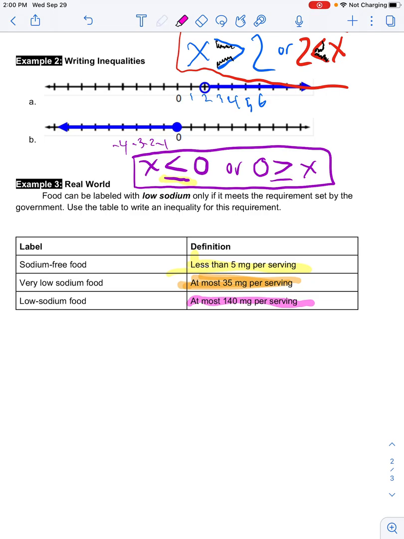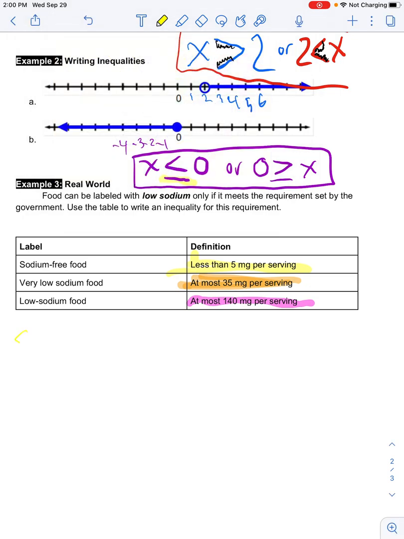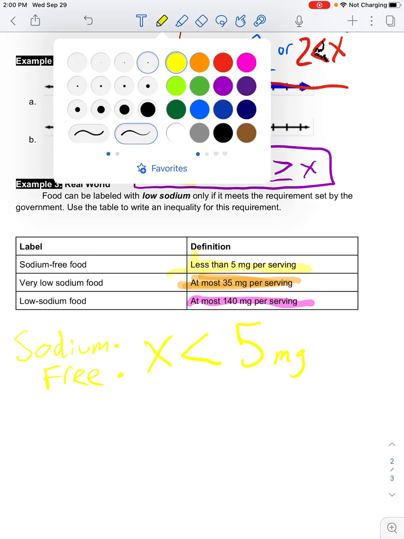So less than 5 milligrams. So I'm going to say sodium free if, let's just keep it as X is less than 5 milligrams.